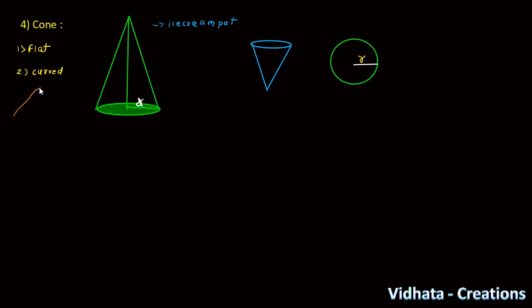Many times you have seen a mountain. Suppose this is a mountain, and imagine you are standing at the bottom of the mountain to climb it. If I ask you what is the height of the mountain, can you say that this is the height of the mountain?